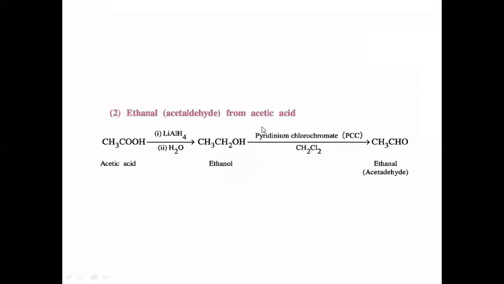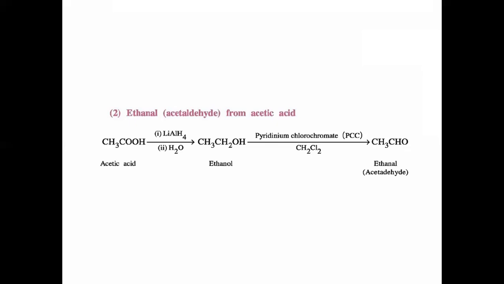Okay. Now the second conversion is what? Ethanal from acetic acid. Think: acetic acid is CH3COOH, and ethanal is an aldehyde. How will you get it? Obviously, it's a reduction and oxidation process: LiAlH4 reduces acetic acid to ethanol, alcohol, and with pyridinium chlorochromate, PCC in CH2Cl2, we form what? Hydrogen is removed over here and oxidation takes place. So it forms CH3CHO.